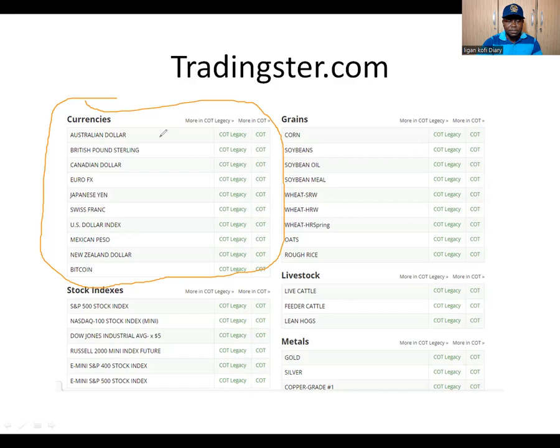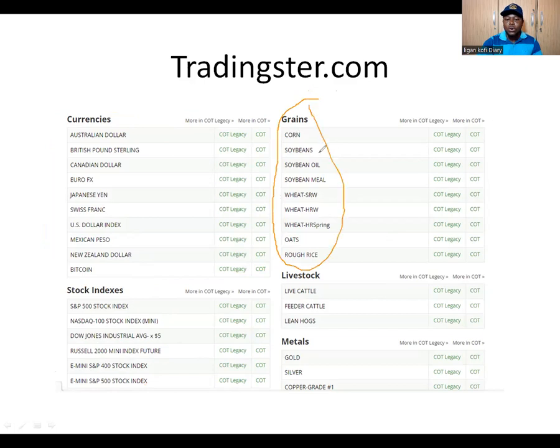So it's grouped. And then they have the stock indexes. If you want stocks like S&P 500, NASDAQ, Dow Jones Industrial, the Russell, the E-mini S&P 400, all of them are grouped over here. And then they have grains. Those who are interested in these commodities, grains are also grouped here.